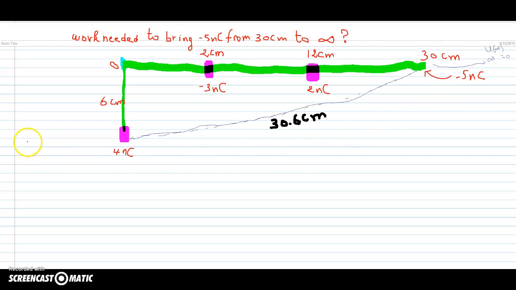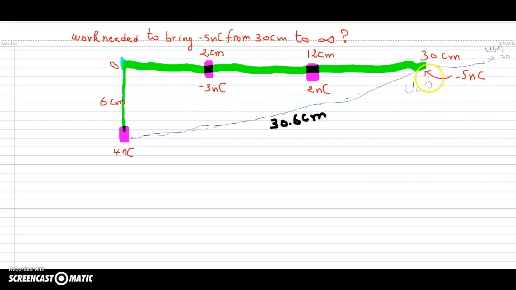Okay, so what is the strategy? I'm going to evaluate to find the energy here. This is the energy initial, U initial. I have to find that energy, and the change will be the work. The initial is when this particle is interacting with the rest of the particles.